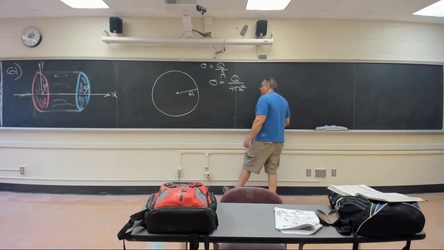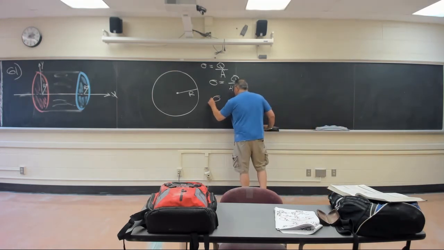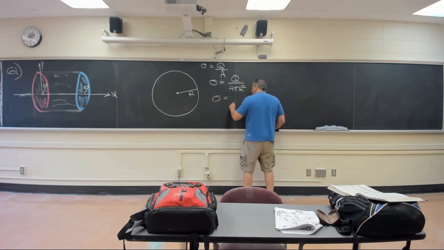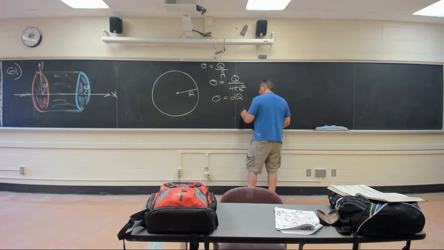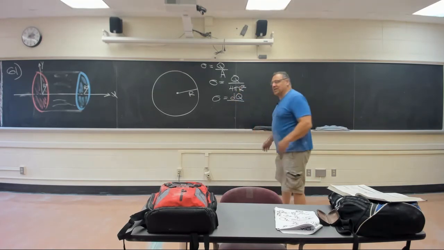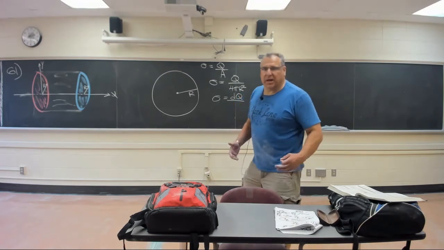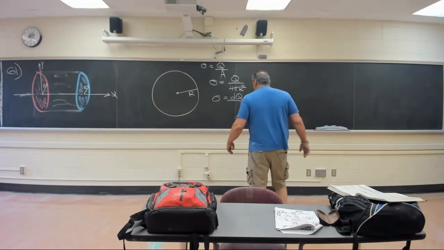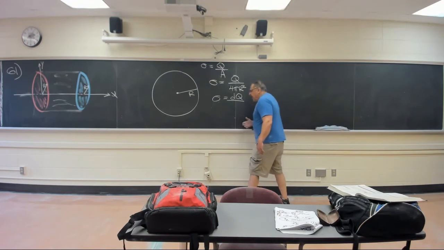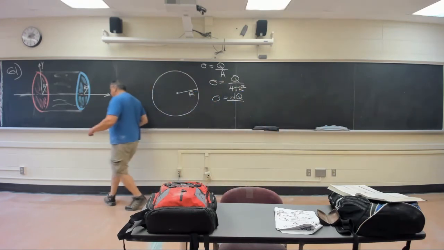We could also say this right here, sigma, is dq over dA. Big Q, small q, doesn't matter. There are a lot of symbols, guys. We have to be speaking the same language. We can speak any language we want as long as we're consistent and the people hearing us understand what we're trying to say.